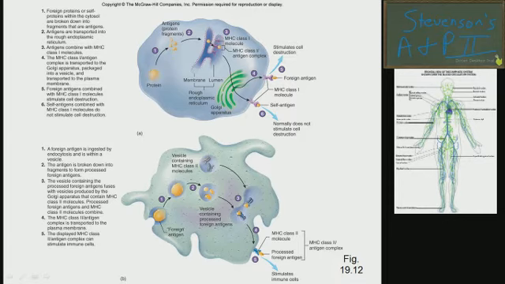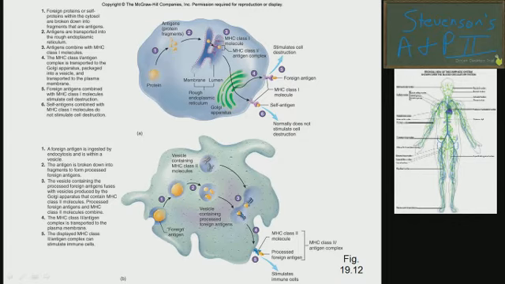but it stimulates the release of those contents to the exterior of the cell. Okay, down at the bottom we have a different type of situation going on. We have an MHC class 2 molecule coming in, and the major histocompatibility class 2 molecules are going to act a little differently. We have a foreign antigen that comes in, and it's ingested during endocytosis, and is within a vesicle within the cell because it's been encapsulated by the membrane. That antigen is broken down into fragments to form processed foreign antigens, and that vesicle containing these foreign antigens fuses with the vesicles produced by the Golgi apparatus that contain the MHC class 2 molecules.